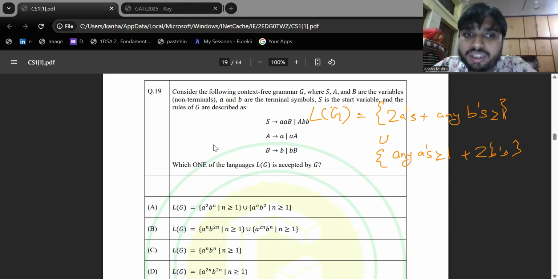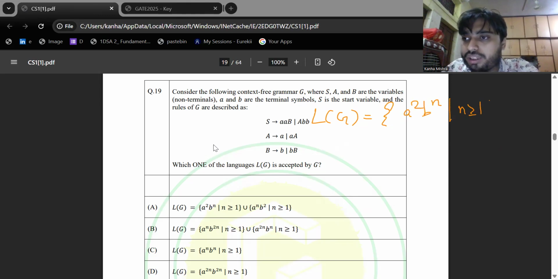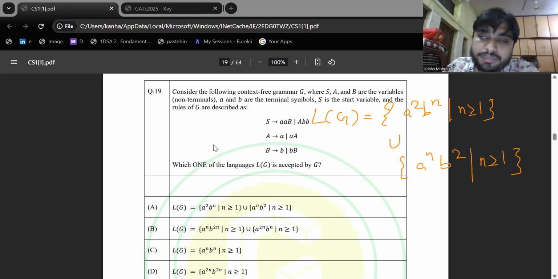As per the question, till now, nothing new. So once we figure that out, we can generalize this. So the language of the grammar will be a b to the power n, where n can be greater than or equal to 1, union a to the power n b squared, where n can be greater than or equal to 1.